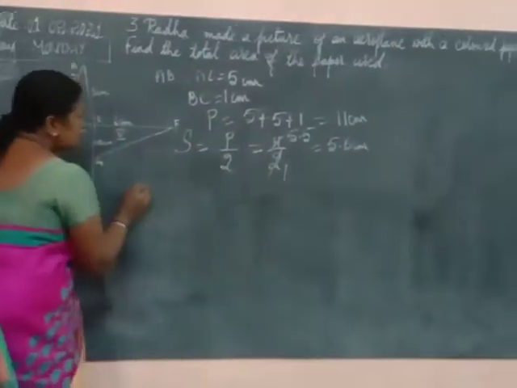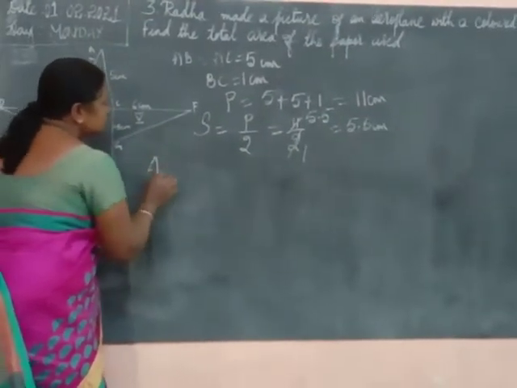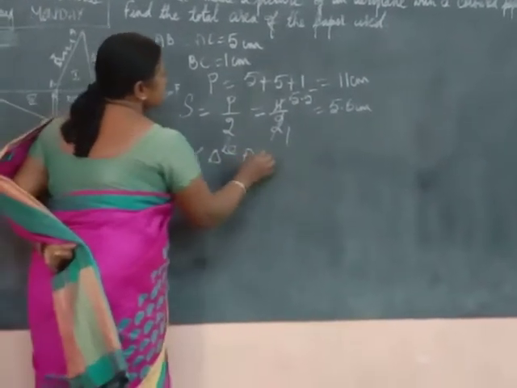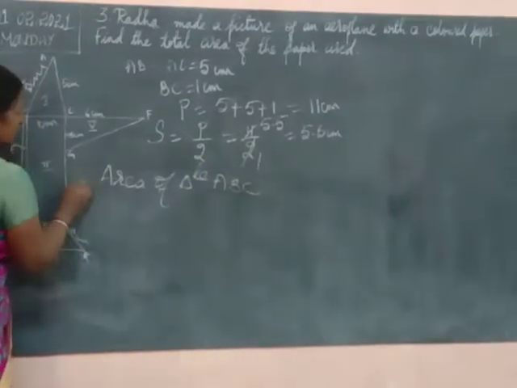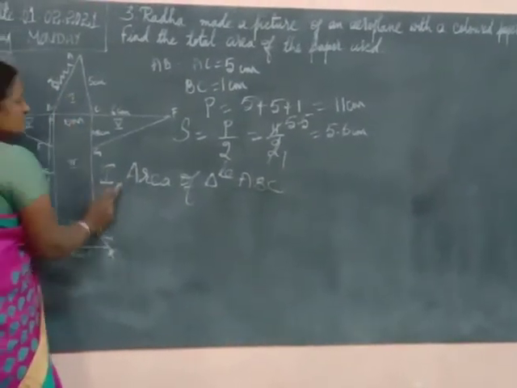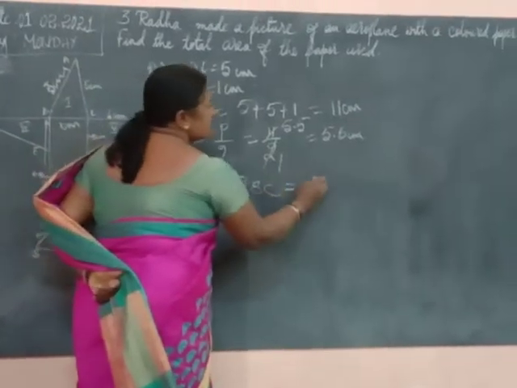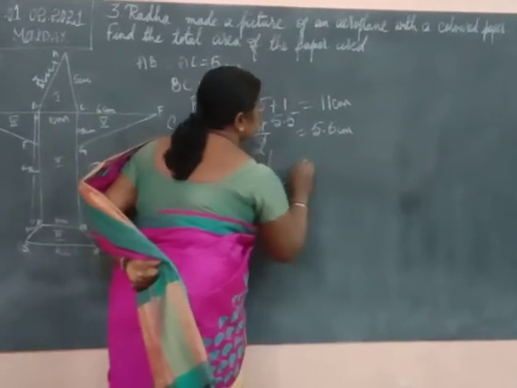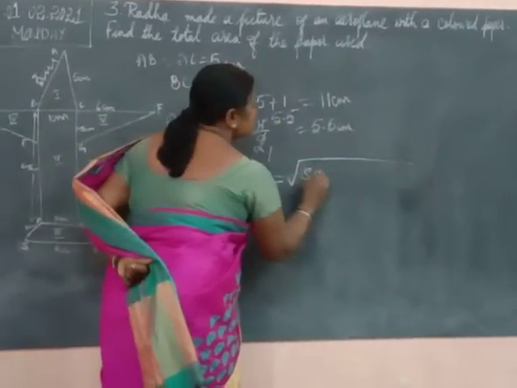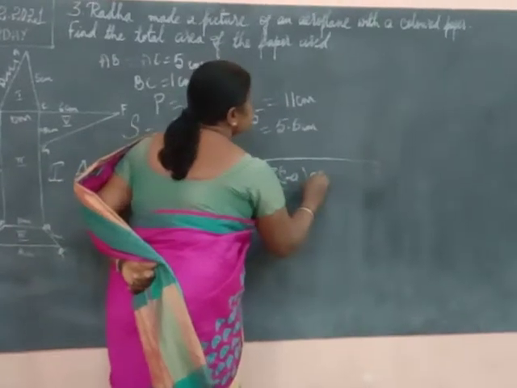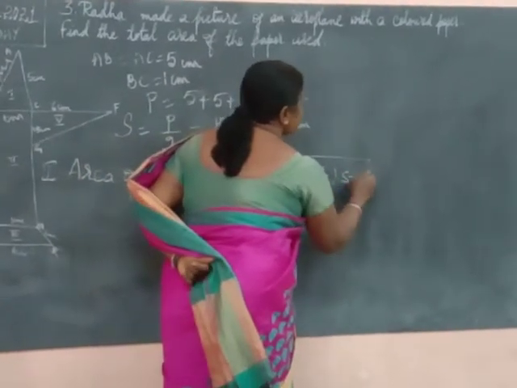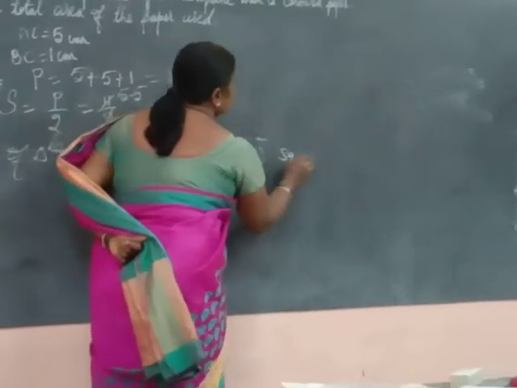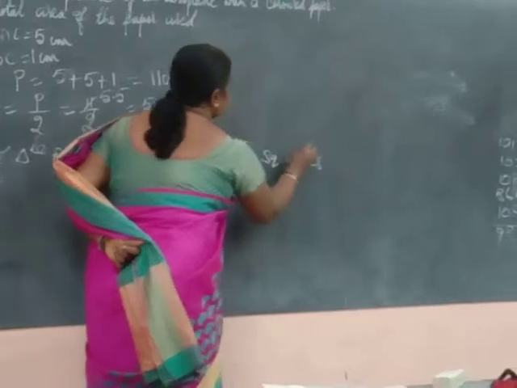That is Heron's formula. What is Heron's formula? Area of triangle ABC, this is the first part we are doing, is equal to square root of S into S minus A, S minus B, S minus C square units.